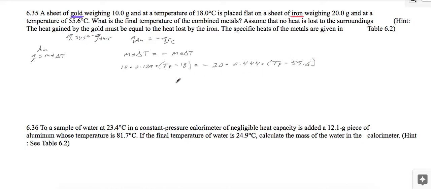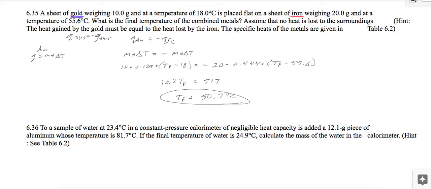Now I'm going to skip through the algebra here. We end up with the final algebraic step of 10.2 times final temperature equals 517, and that gets us 50.7 degrees Celsius. So there's our answer there.